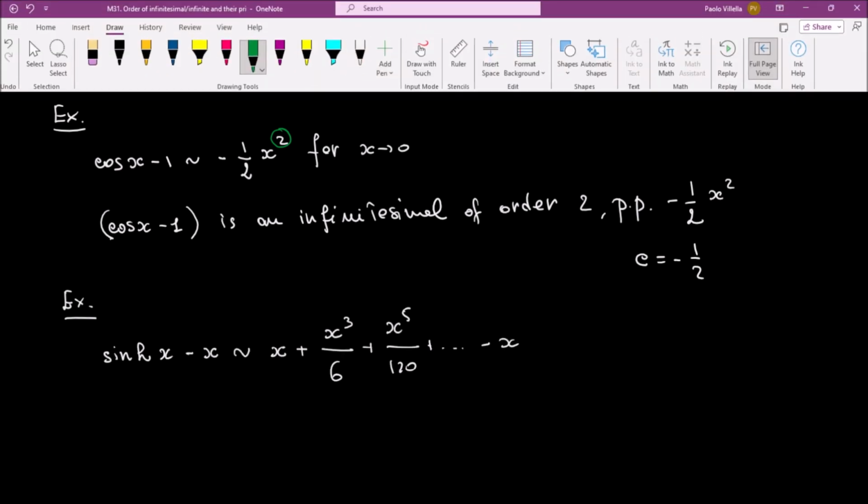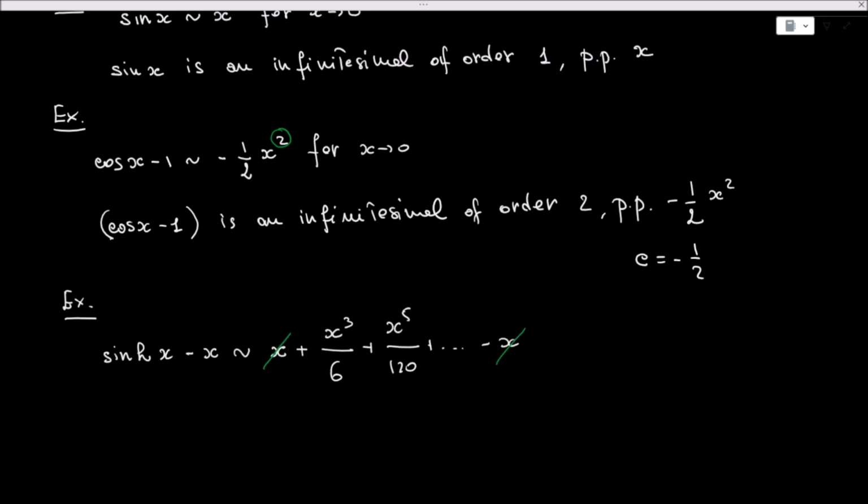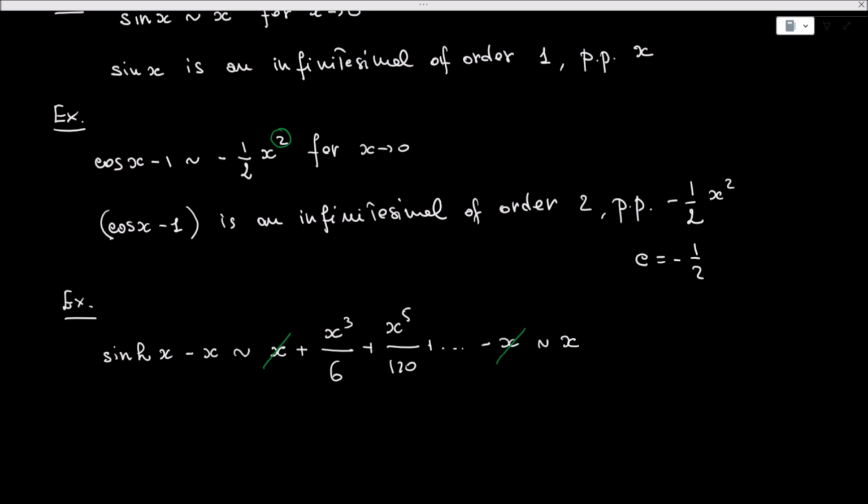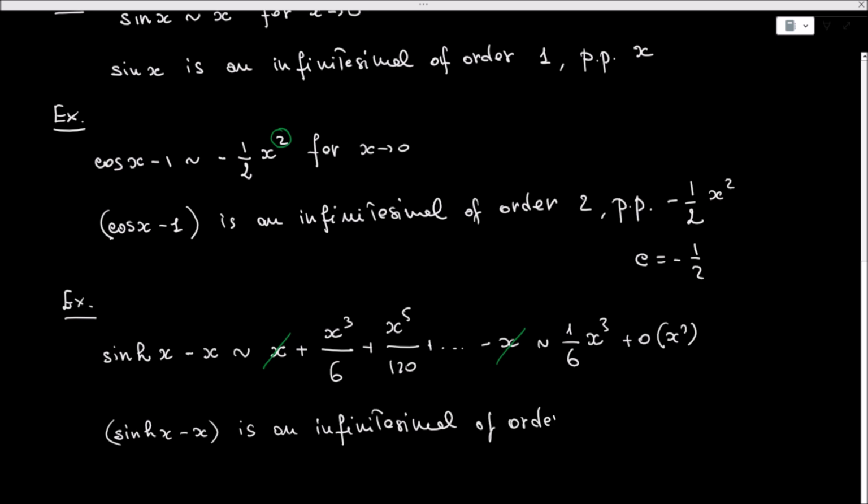So the x's cancel out each other, so we can say that this is equivalent to 1/6 x to the cube, plus little o of x to the cube, which says that the function hyperbolic sine of x minus x is an infinitesimal of order 3 with the principal part 1/6 x to the cube.